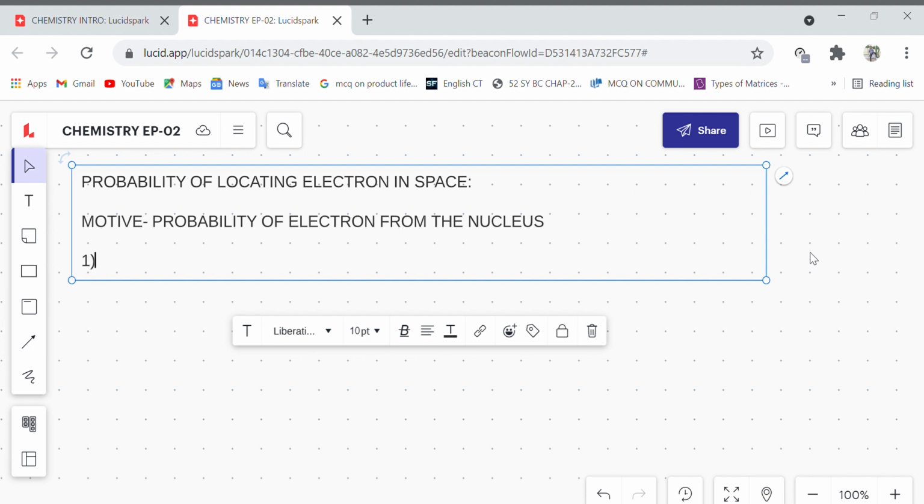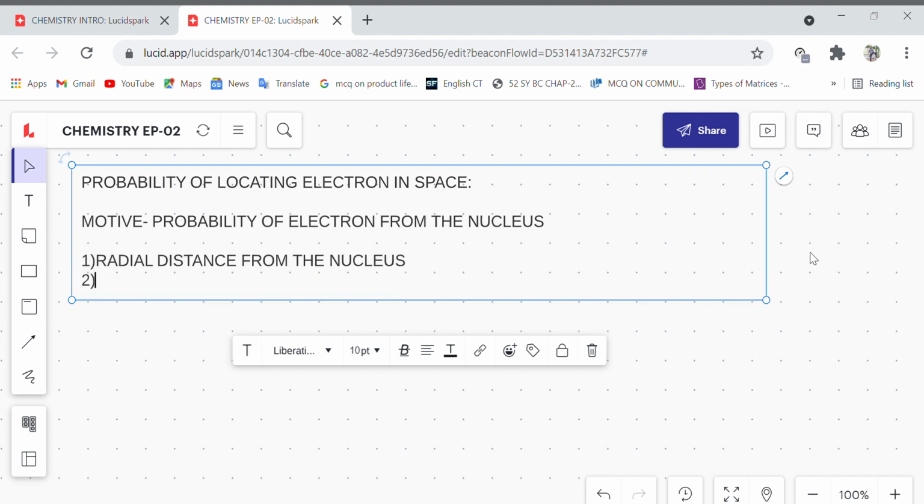The first one is the radial distance from the nucleus. The second one is the angular direction from the nucleus.